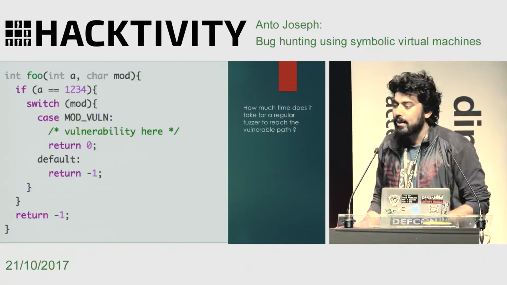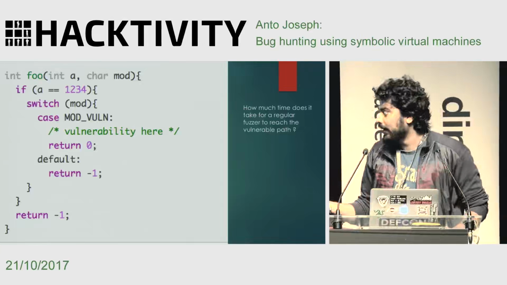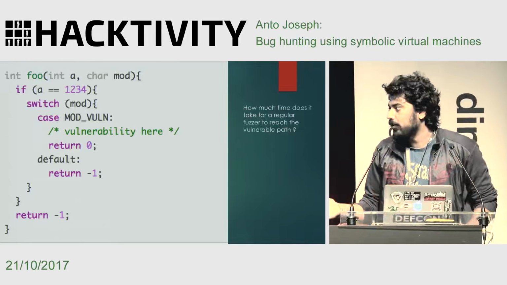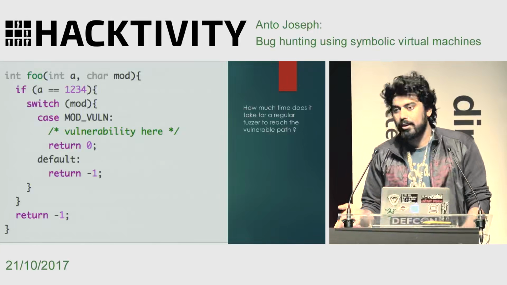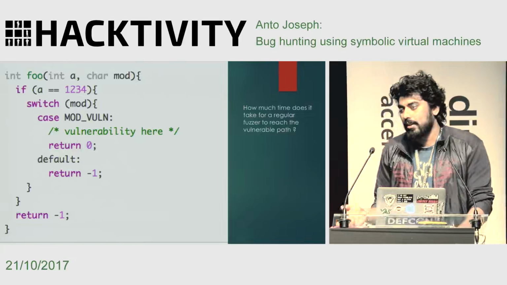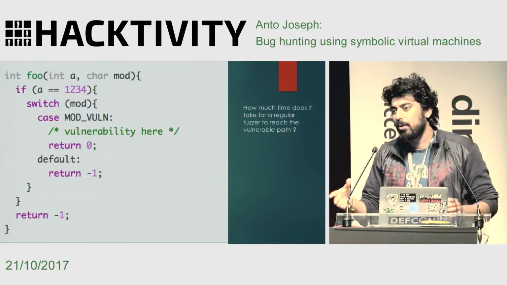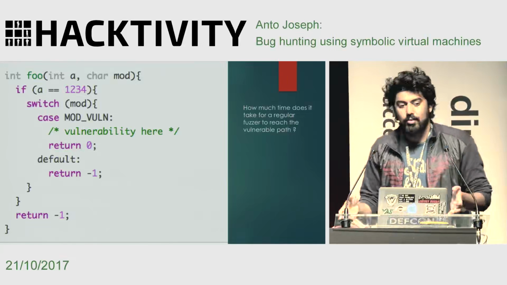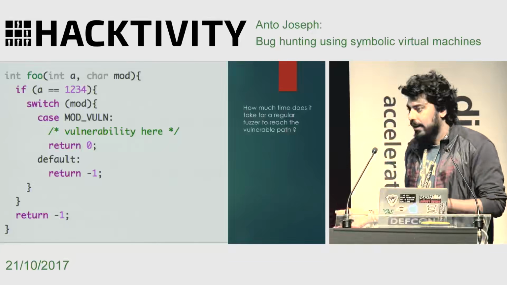A public implementation of one of the fuzzers which uses this technique was open sourced by the Shellfish team, called Driller. The paper about Driller is online, so you can always check it out. It's one of the papers which describes how they incorporated AFL, one of the very popular fuzzers, with a symbolic execution engine.